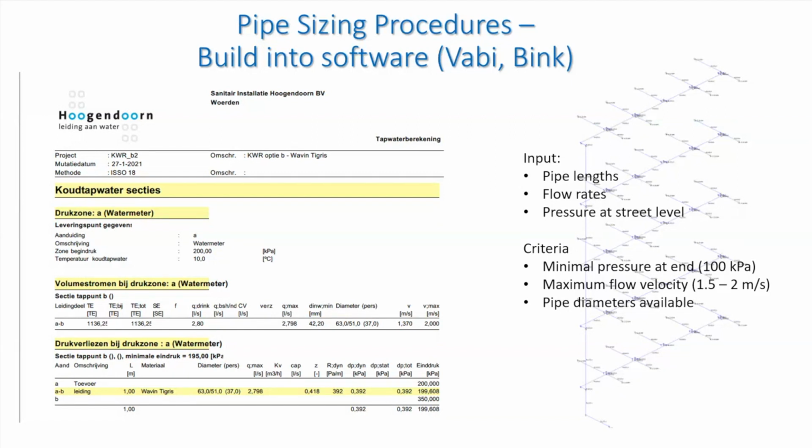And again, of course, you give in pipe lengths, flow rates, and pressure at the street level, and then some criteria as minimal pressure at the end or maximum pressure drop, maximum flow velocity, more related to sounds from the pipes when you open taps, etc. And there's, of course, also a list of pipe diameters that are available, and the program will give you the proper pipe sizes.